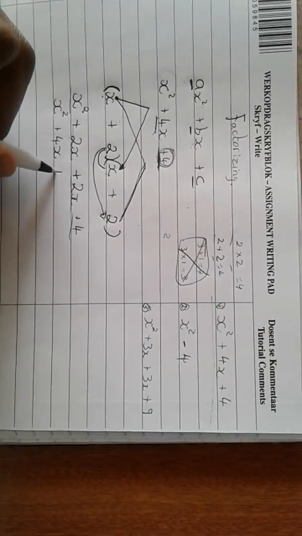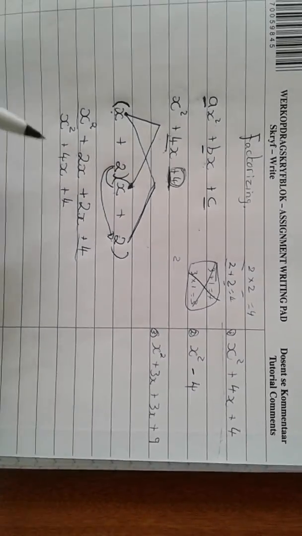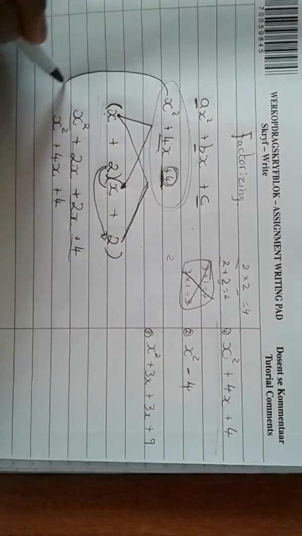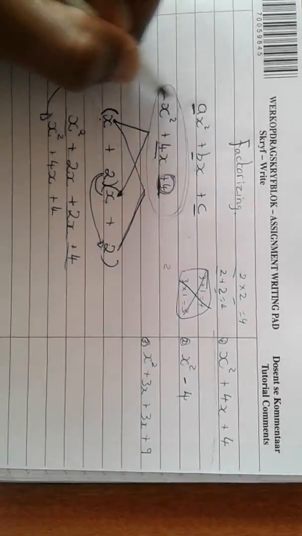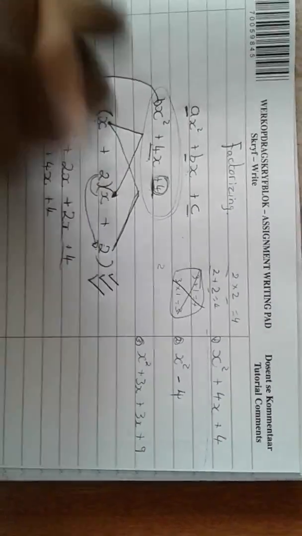This has no partner also, so it's going to be 4. Got it? Good. Now to check if this is correct, you have to get the same thing that you got on your first equation. So this and that are one and the same thing, which means our equations are correct.